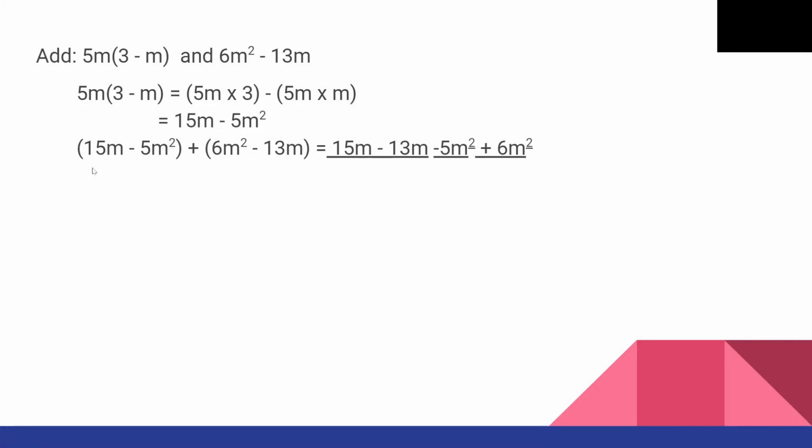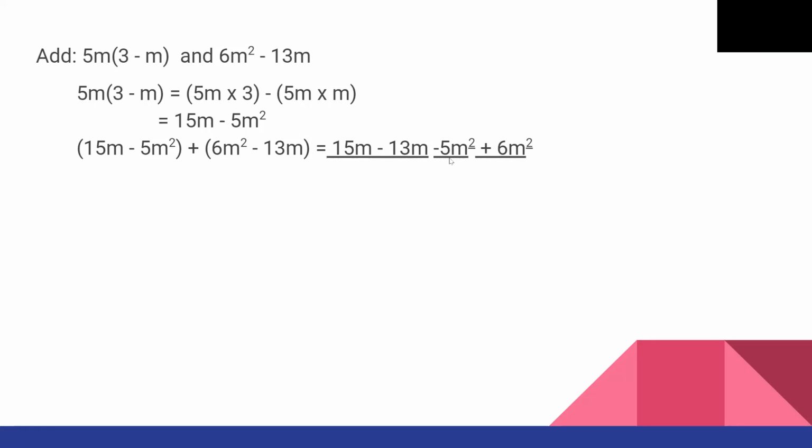Now how will you add? We have to collect the like terms together. So 15m, what is the like term of that? 13m, but before that minus sign is there. So I have written 15m minus 13m. These two are like terms. Now collect the other like term m square, but before that minus sign is there.